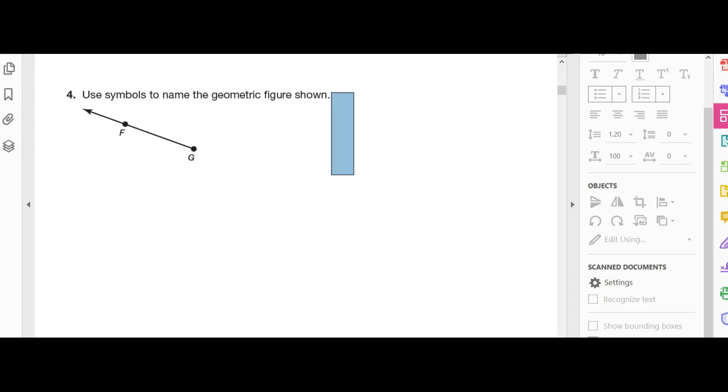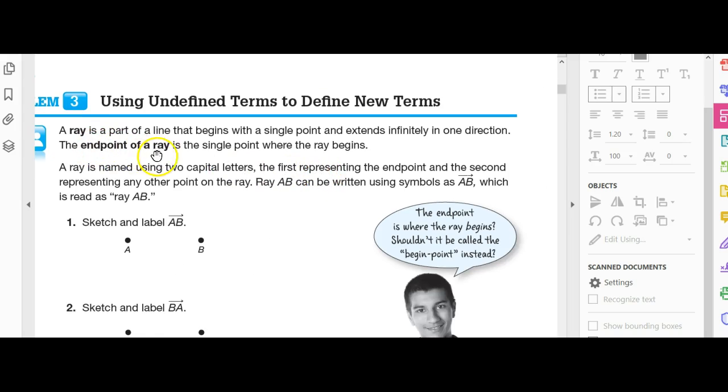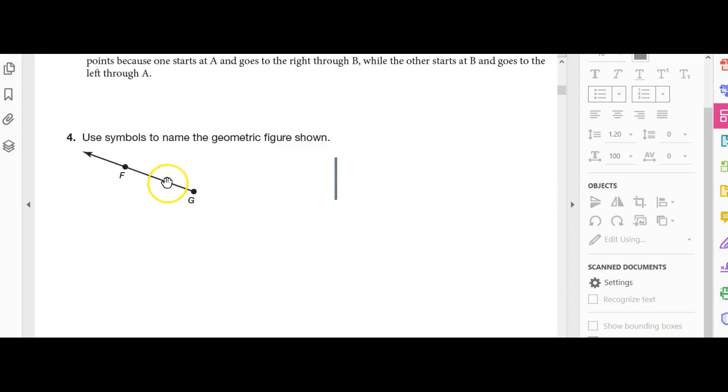They're calling this the endpoint of a ray. A lot of people call it an initial point of a ray, but anyway, we're going to use the symbol. So the initial point or the endpoint of the ray is G.